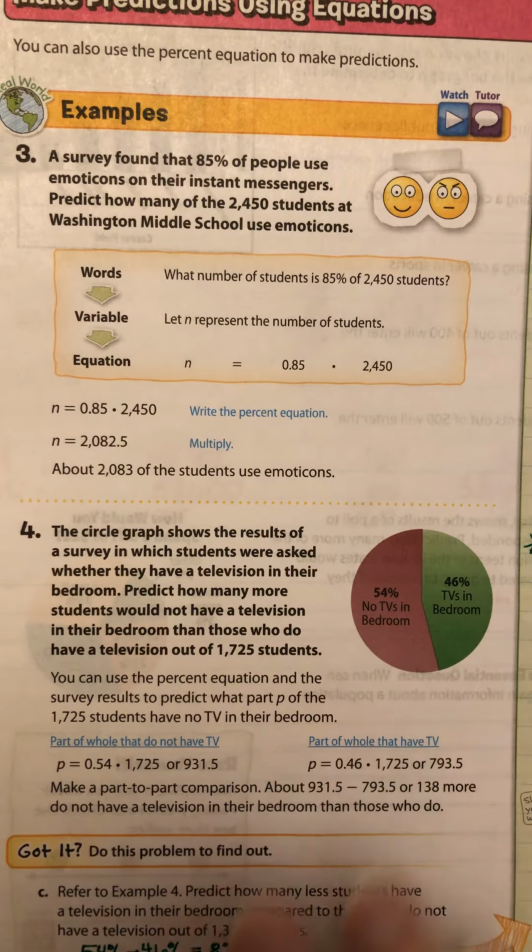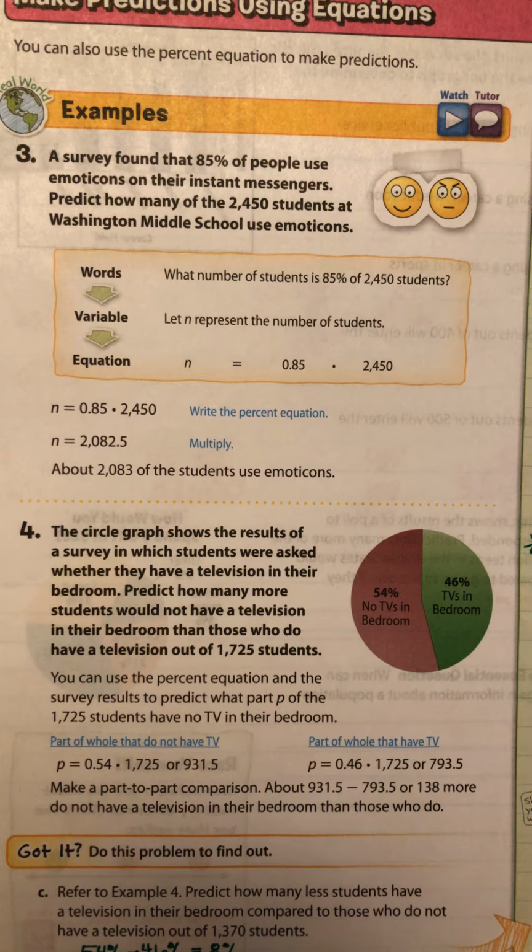Circle graphs. Same thing that we did when we did circle graphs. 2 ways. You can subtract first or you can subtract second. So if you subtract first, you would subtract your percents and then multiply. If you subtract after, you would multiply and then subtract.